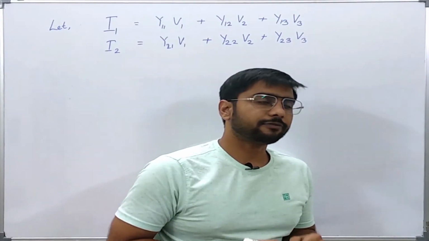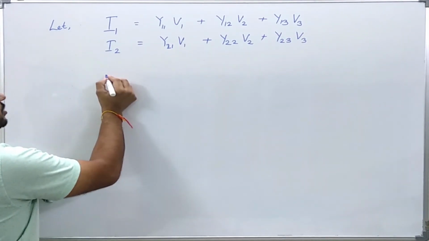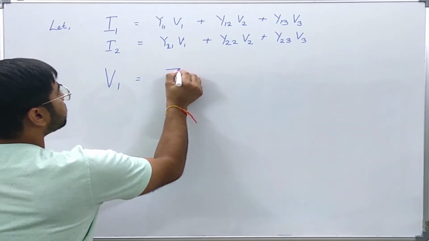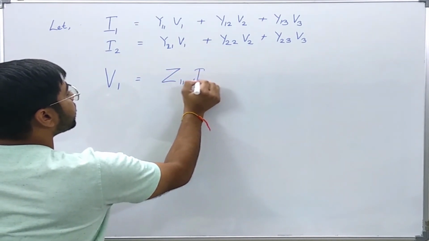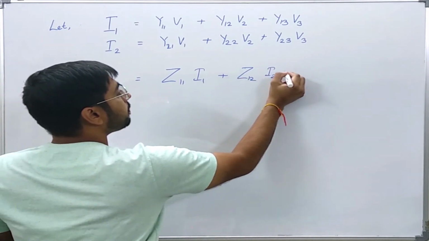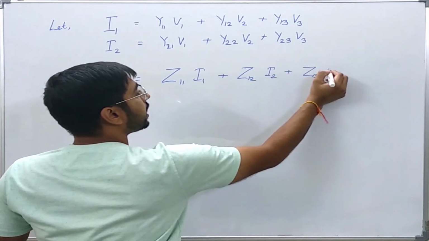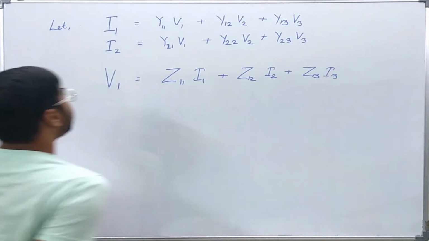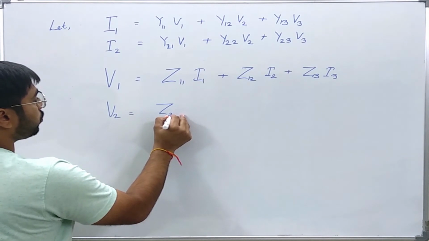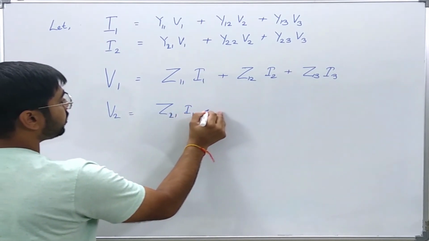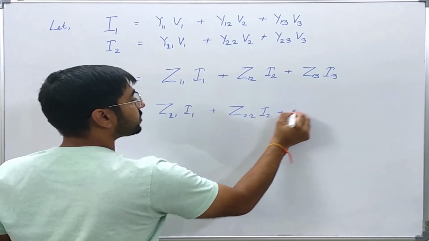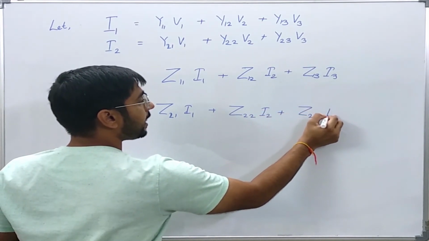Now for a given network, I can write using the Z matrix that V1 is nothing but Z11 I1 plus Z12 I2 plus Z13 I3, and V2 as Z21 I1 plus Z22 I2 plus Z23 I3.